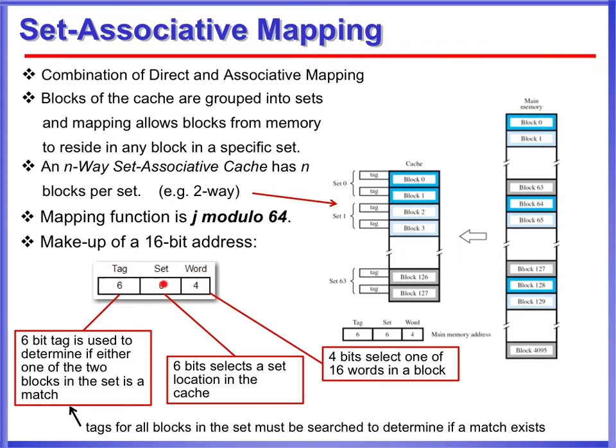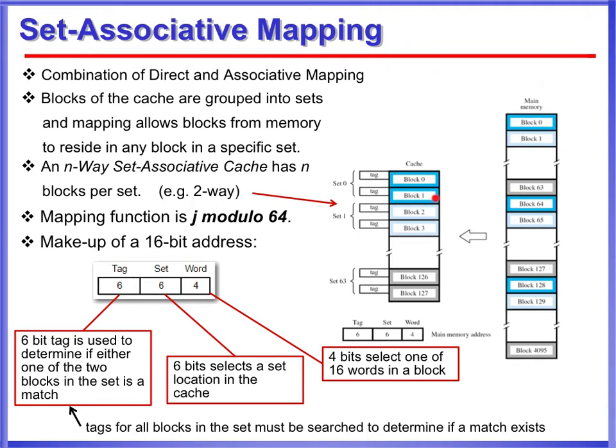Okay, and then the 6 bits in the middle here are going to tell us which set to look for this memory address in. In the direct mapping method, this was a block, because there was only one block position where any particular block here would map to.